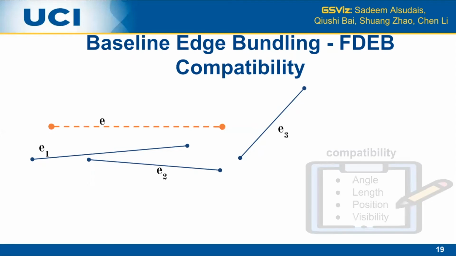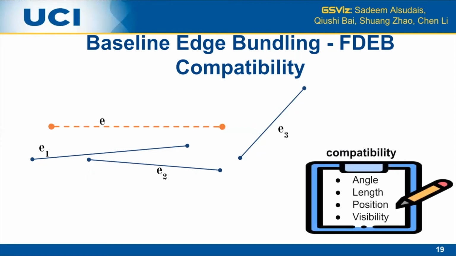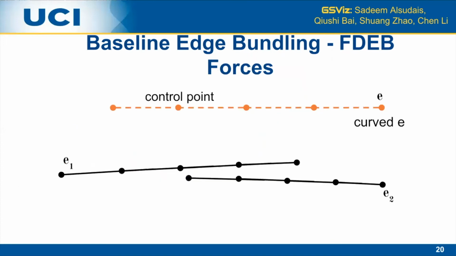Compatibility is defined using 4 metrics. In this example, E is compared with E1 and it is compatible. It is also compared with E2 and it is compatible. Finally, it is not compatible with E3. Once we identify the group of compatible edges, in this example, E1 and E2 only, FDEB curves an edge towards its compatible edges.